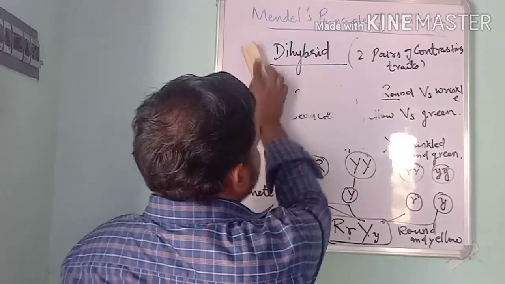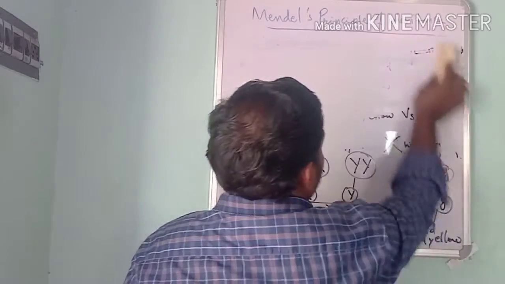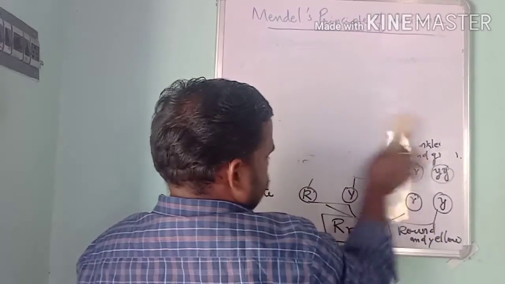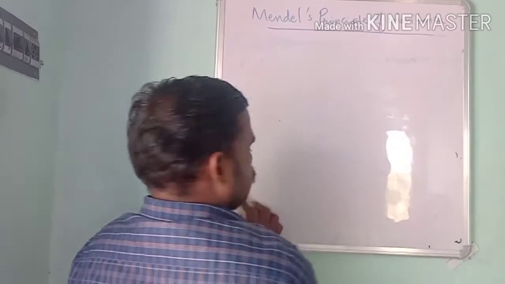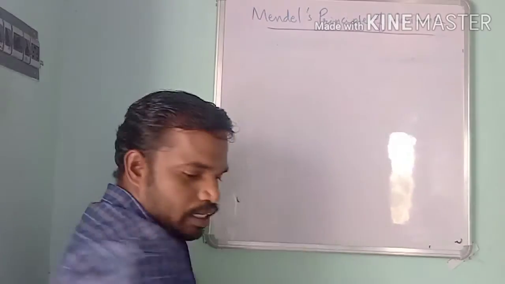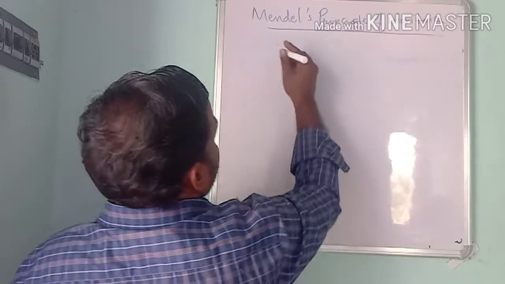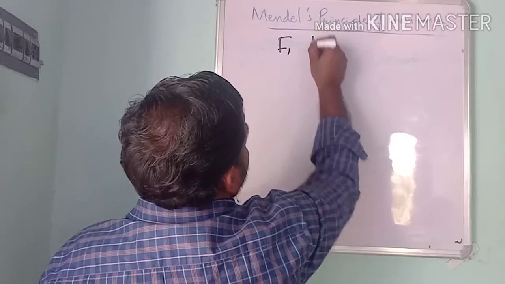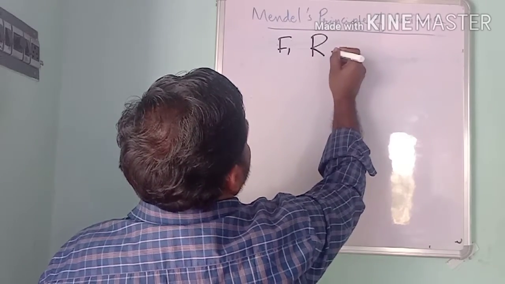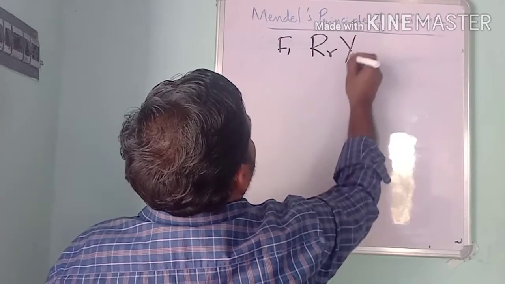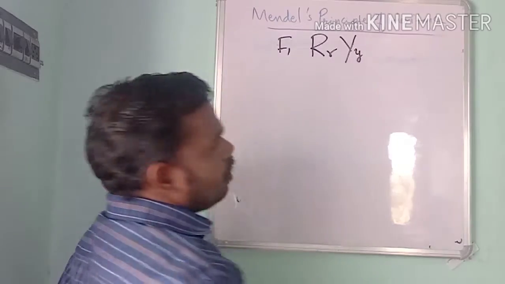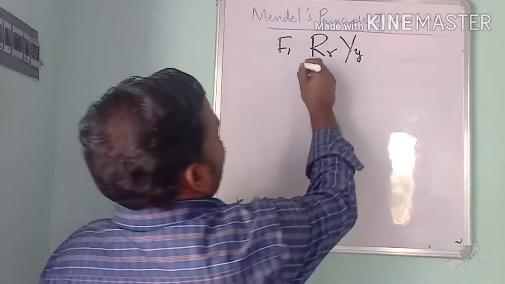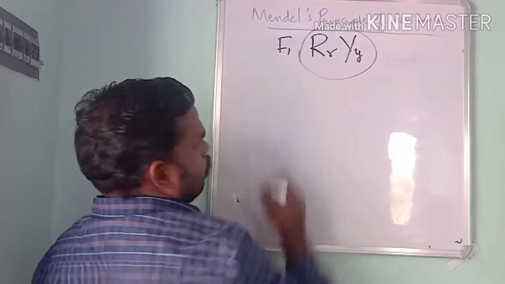What are the possible gametes that will be formed from these F1 hybrids? The F1 hybrid gives heterozygous gametes, that is RrYy. This is a heterozygous F1 progeny.